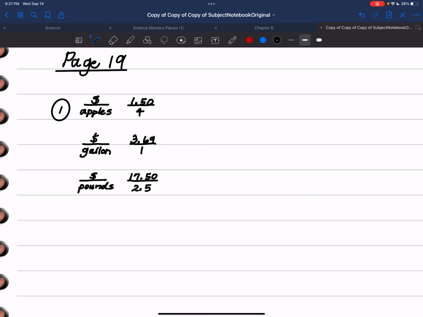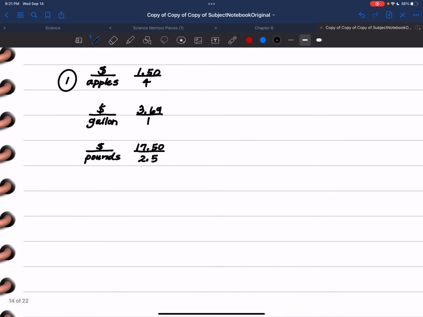That is not a unit rate. And then 24 eggs cost $4.20. So 24 eggs, that's 2 dozen, costs $4.20. So the answer to this one is going to be B, as in boy.